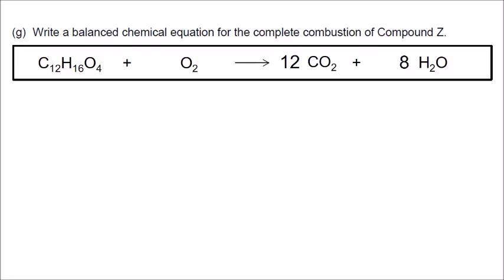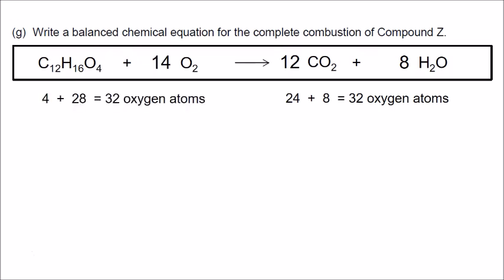Let's put an 8 in front of the water. Now, how many oxygens are there on the right? Well, there's 24 plus 8. That's a total of 32 oxygen atoms on the right. So 4 oxygens plus 28 oxygens will give us 32, and the coefficient for O2 works out to be 14.